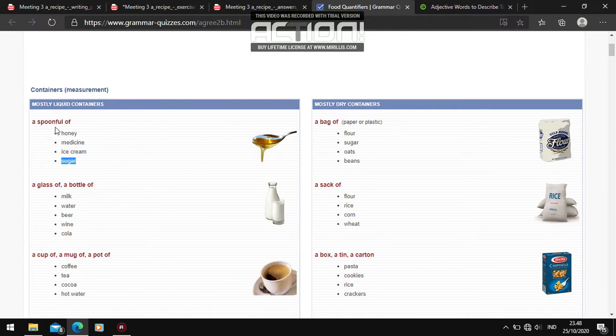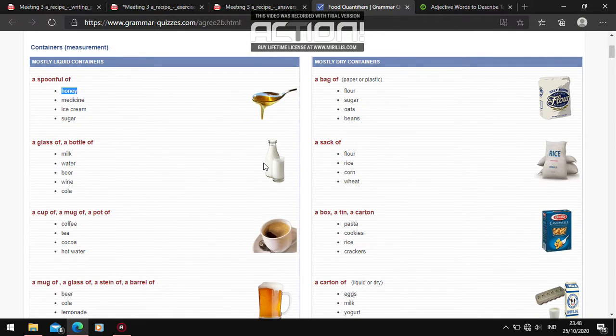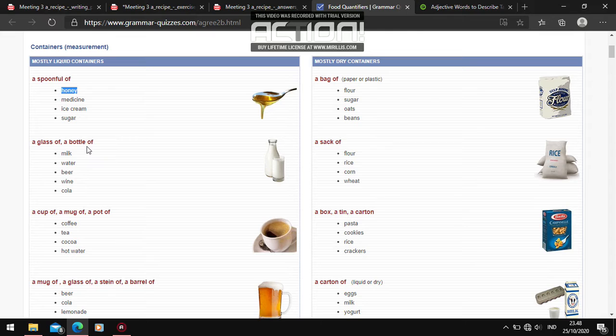For example, in your recipe, you want to put honey, you say a spoonful of honey. And then a glass of or a bottle of. It can be milk, water.